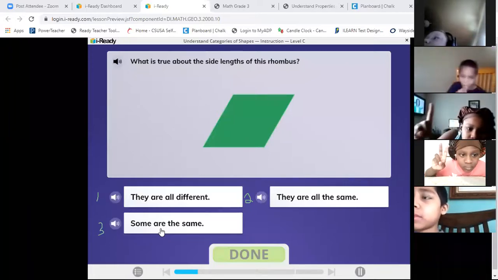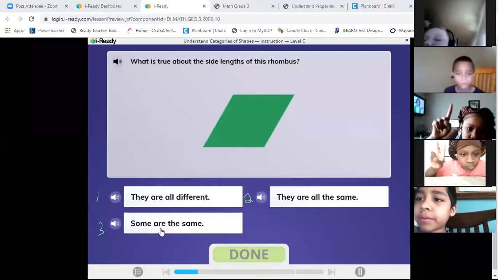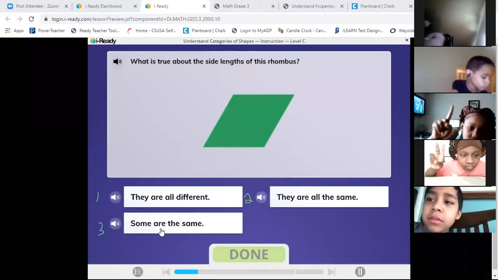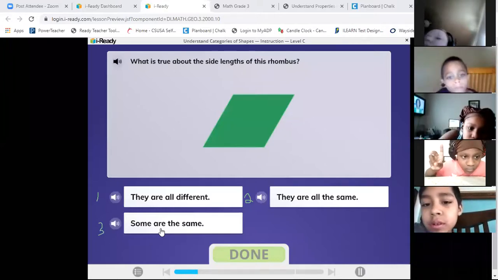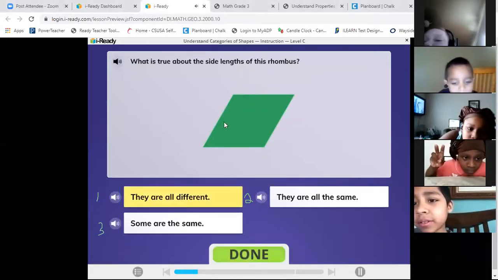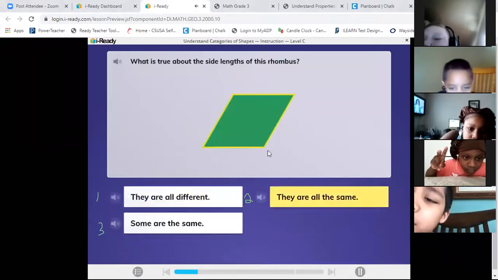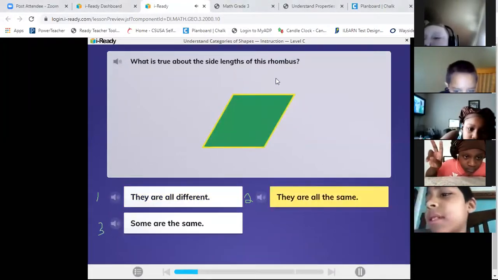Make sure we're paying attention. So not quite. The first one, all different. They are all different. Okay. Not quite. Yep, so all 4 sides of a rhombus.